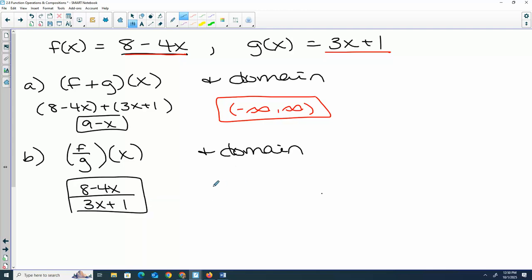The domain, when you divide, it's the same as when you add, subtract, or multiply, so it's the same as these, except what can't happen if we're dividing? So I know 3x plus 1 cannot be 0. So x cannot be negative 1/3. So how do we write that?